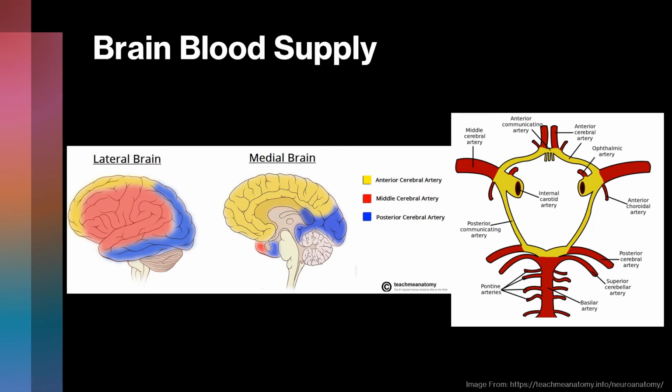So this can help you to appreciate how there might be some preserved function in some strokes or some blockages due to alternate routes of blood supply. Again, circle of Willis, so really important to consider this and to consider the different presentations that it could lead to.